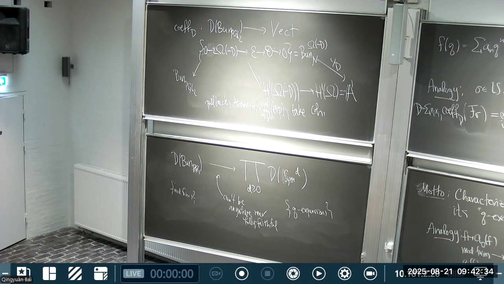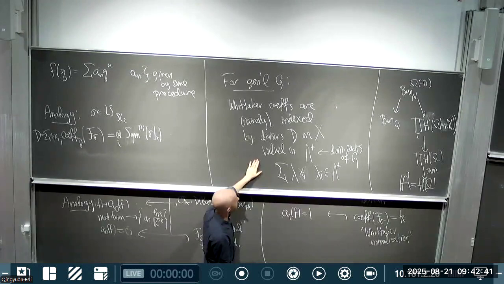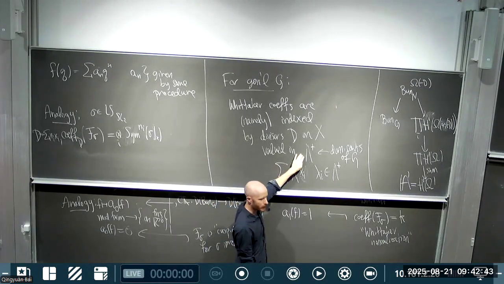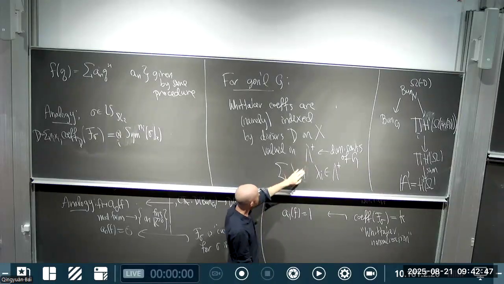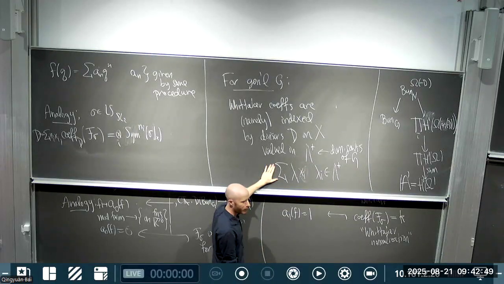You'll get kind of confused because I said these Whittaker coefficients are supposed to be parameterized by divisors valued in dominant coweights. For GM, dominant coweights means the integers. And so what we're talking about is just the moduli space of all divisors.